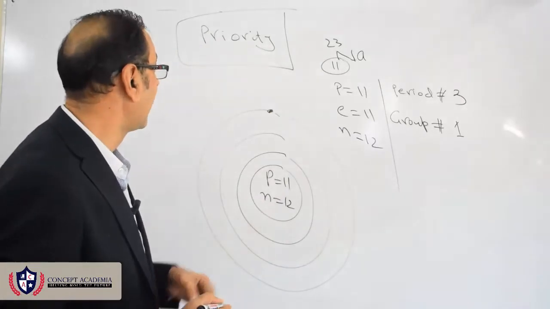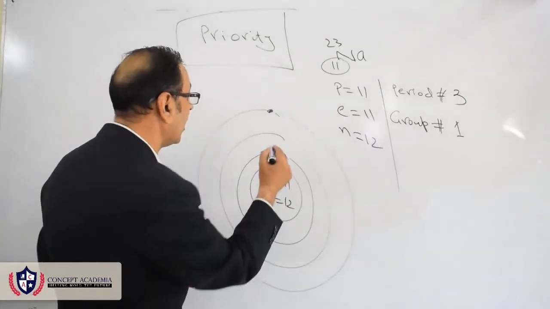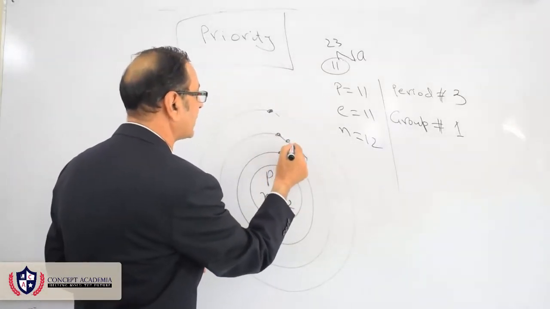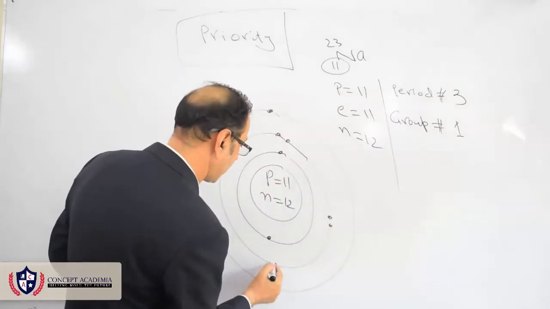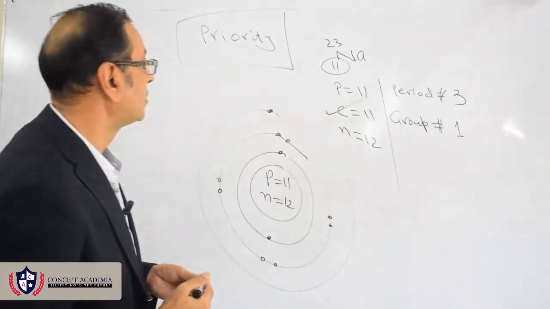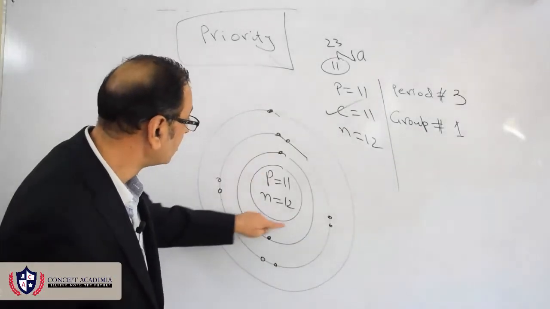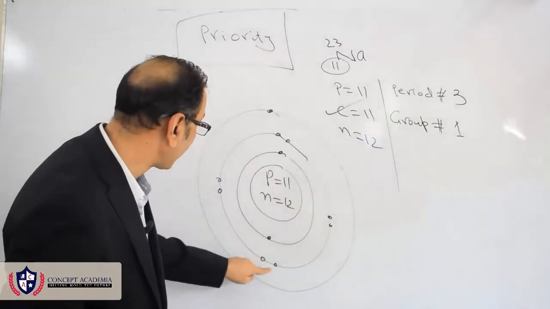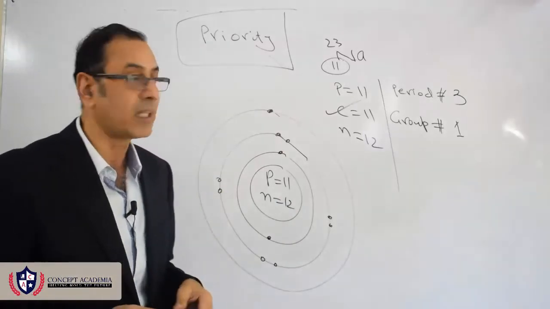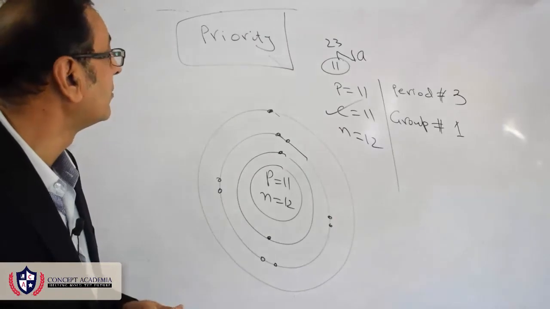This is how I have made it, and then we take a start from the first shell. The first shell can have a maximum of 2 electrons. The second shell can have a maximum of 8 electrons, and we have to make 11 electrons in total. So count it: 1, 2, 3, 4, 5, 6, 7, 8, 9, 10, and 11. And this is how we have made the electronic configuration of sodium.